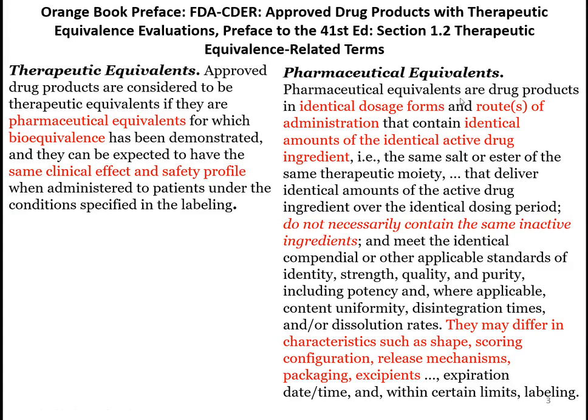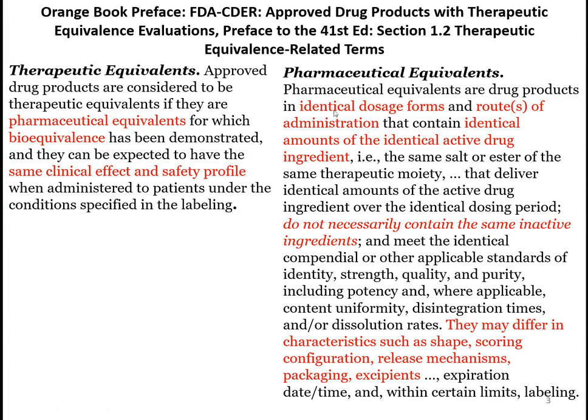Pharmaceutical equivalents are drug products in identical dosage forms and routes of administration with identical amounts of the identical active drug ingredient, which sounds fine, except the definition of identical dosage forms is quite different than I suspect most pharmaceutical scientists not involved on the clinical side would deem reasonable.